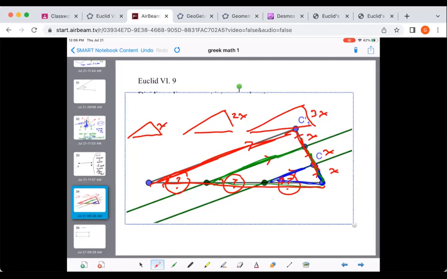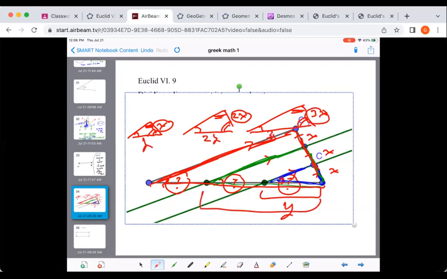And yes, the corresponding angles, we don't really need them because they all share this angle over here. Oh no, we do need the corresponding angles because that's what makes it similar triangles. They're similar because they share 2 angles. If they share 2 angles, they must share the 3rd angle also because they all have to add up to 180. But this small triangle's corresponding side, or this medium one, is double the length, and this bigger one is triple the length. So if this is y, 2y, 3y, this would be 2y, which would make this piece y, and this would be 3y, which would make that piece y.